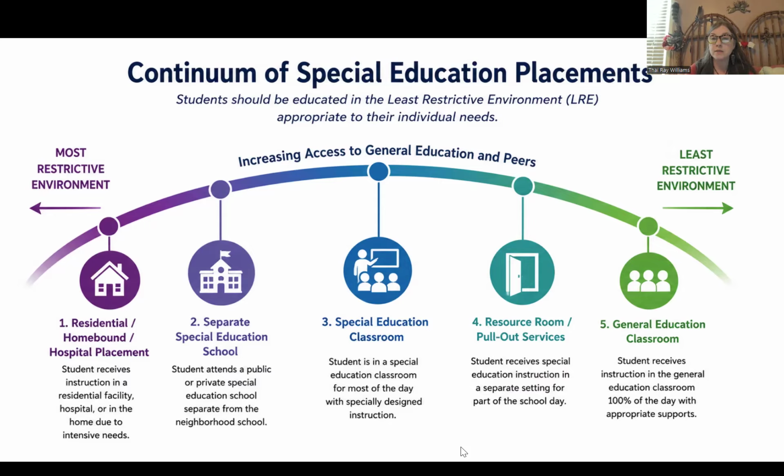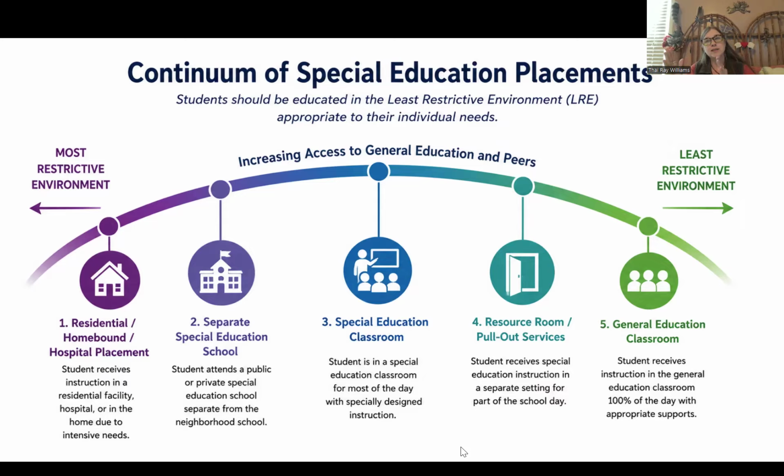And a hospital placement could be a student is in the hospital because they've had surgery and they're going to be in the hospital for a month or two, or it could be a student who is in a hospital placement for an even longer period of time. All right, most restrictive because they have zero access to their general education non-disabled peers in those placements.